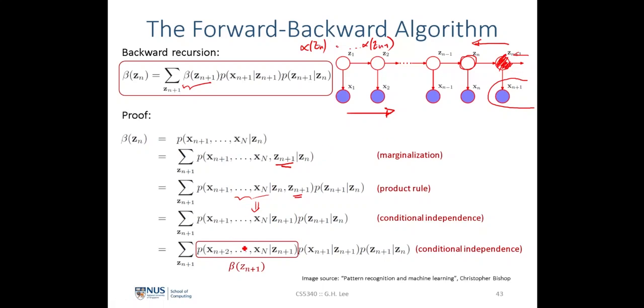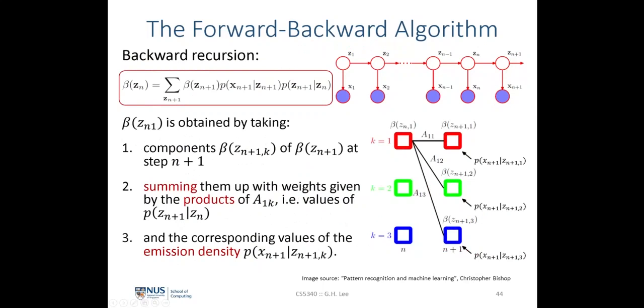As a result, this final term becomes the beta term of zn plus 1, which completes our proof that this expression can be used to compute the backward recursion of beta zn. Now, similar to the forward recursion, the beta term can also be computed using a backward recursion from the right hand side to the left hand side of the hidden Markov chain.